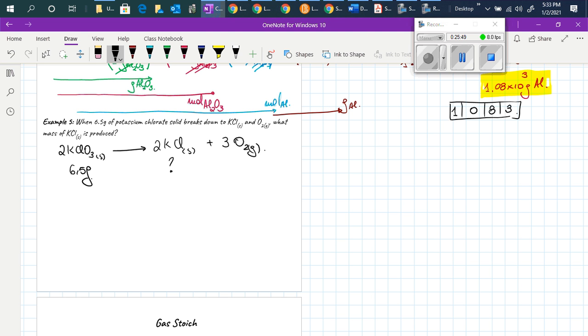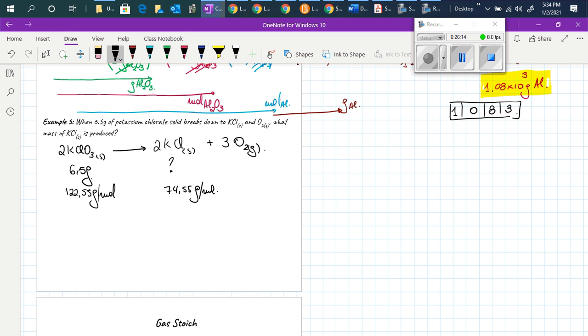As I said, I have the tendency to write the molar mass here, and I suggest you do that. But if you feel that you would rather do it while you are working with stoichiometry, then go ahead and do that. The molar mass of KCl is 74.55 grams per mole.